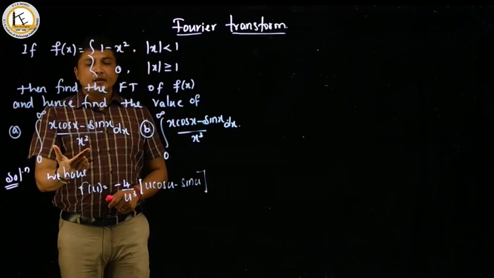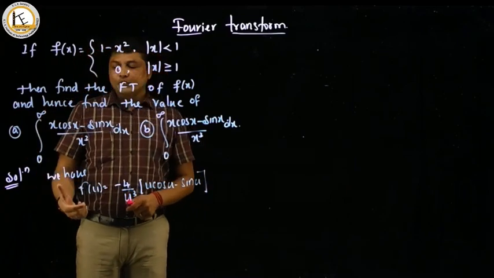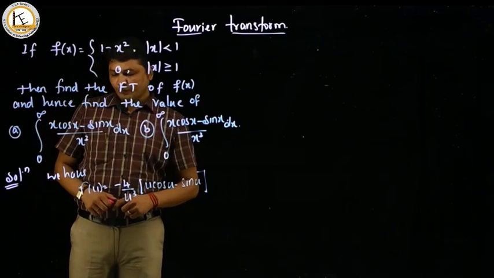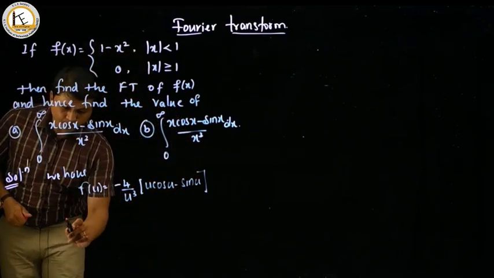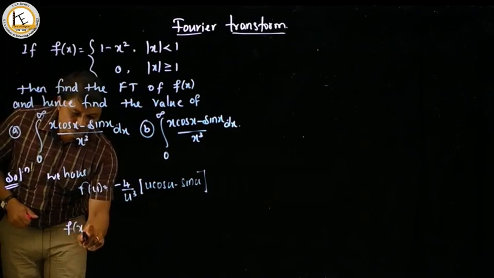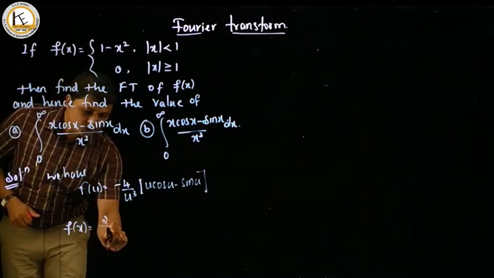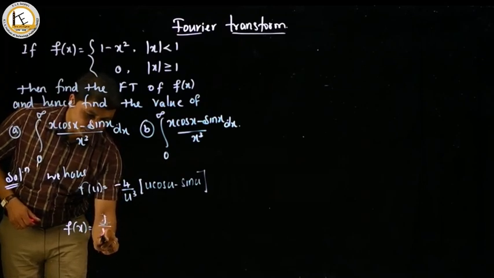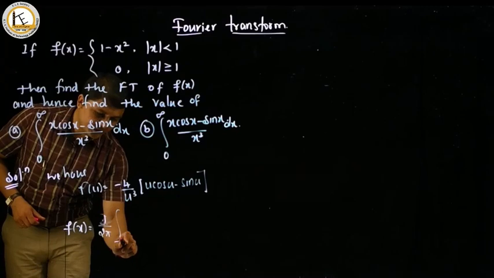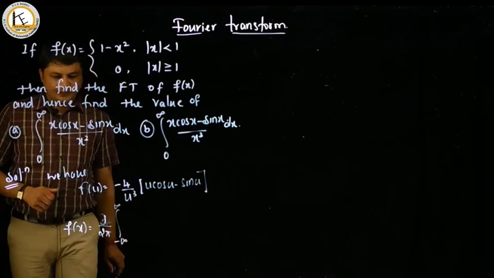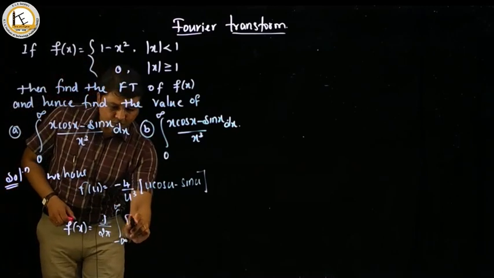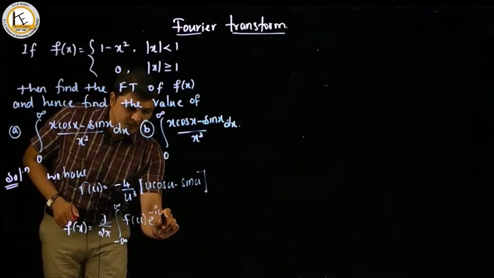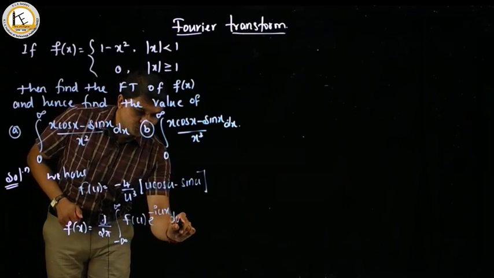And to evaluate these two integrals, we are going to use the inverse Fourier transform formula. So we have the formula that f of x is equal to 1 divided by 2 pi into the integral from minus infinity to plus infinity of F of u into e raised to minus iux with respect to u.